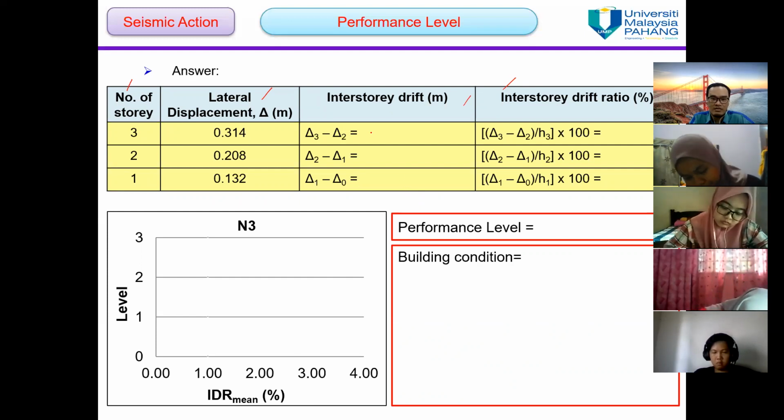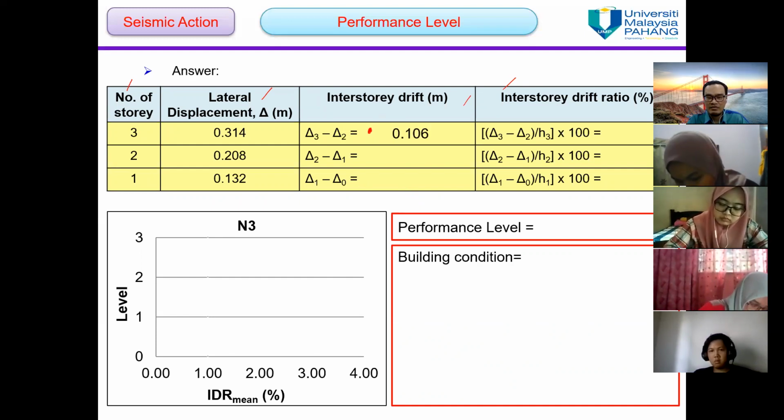Everybody can answer this one. Displacement 3 minus displacement 2 is 0.106.